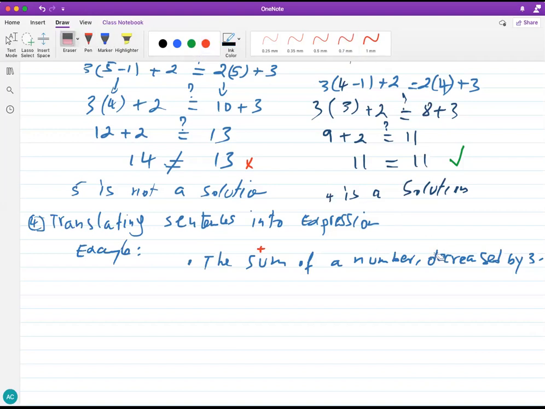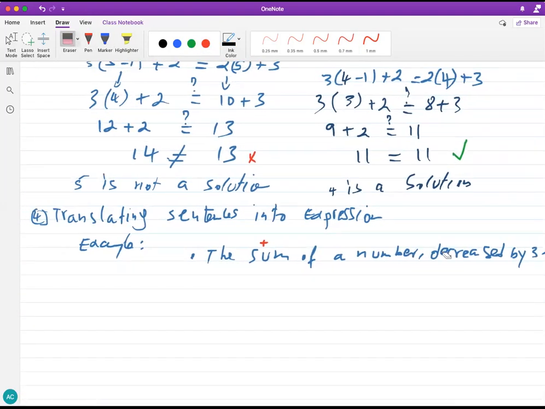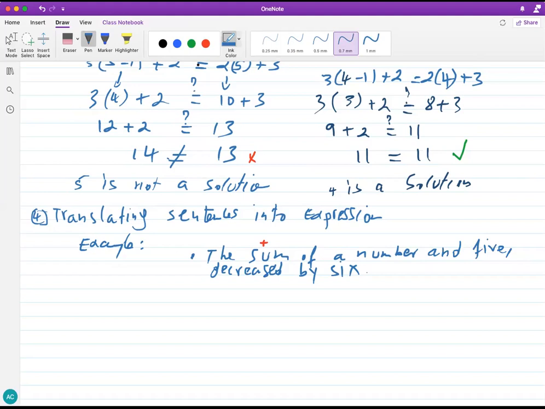Let's rephrase that. You can say the sum of a number and, let's say, 5 decreased by 6. Okay, that's a complete expression now.